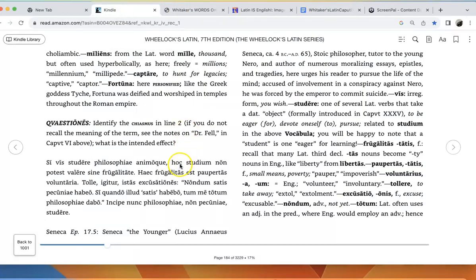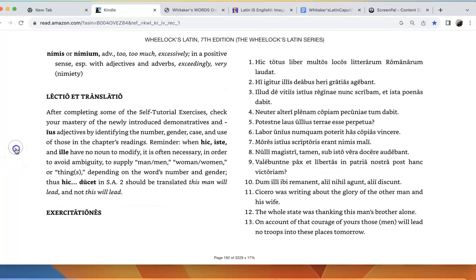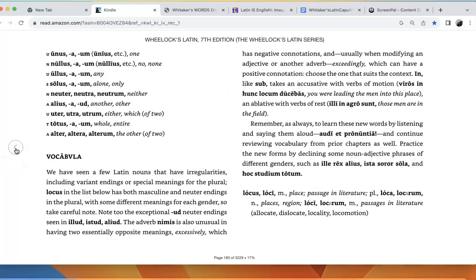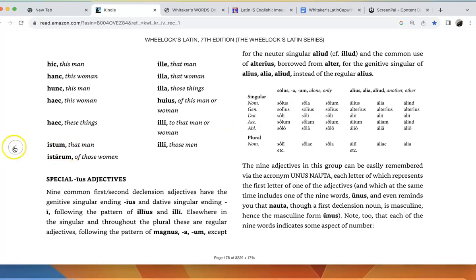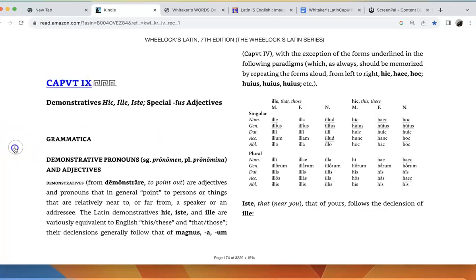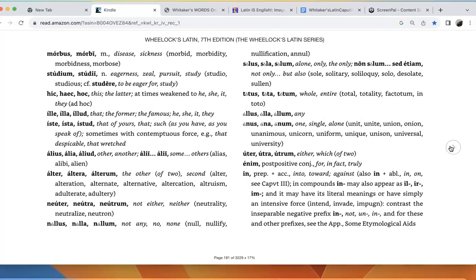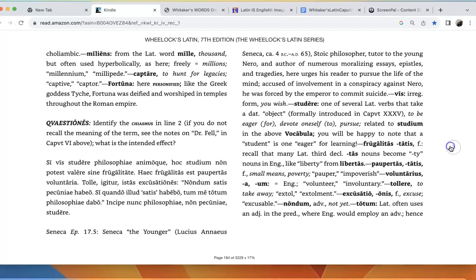So hoc studium, so that goes back to our demonstrative pronoun. So we go back here to the beginning. So hoc, because studium is neuter. So this study, or this pursuit, in fact, maybe pursuit might work nicely.